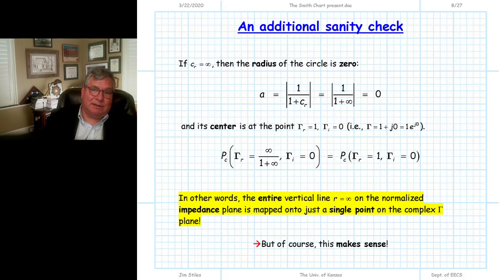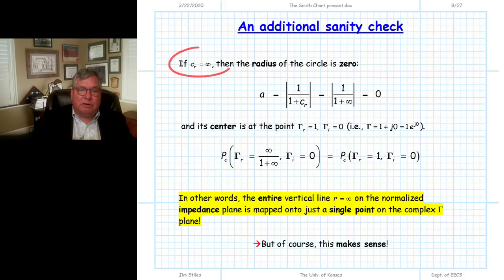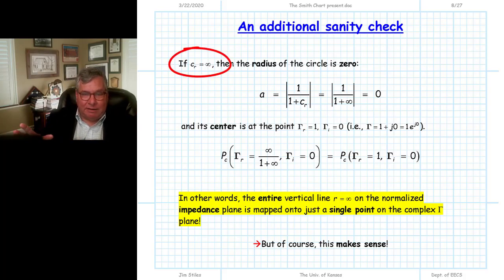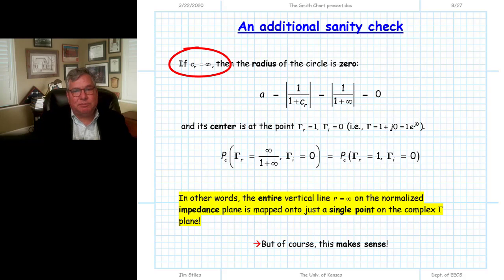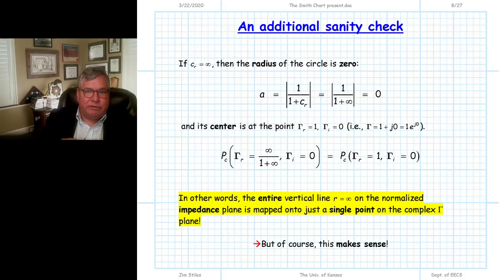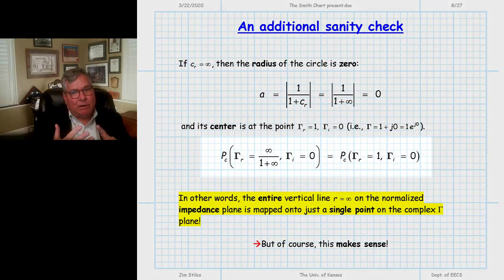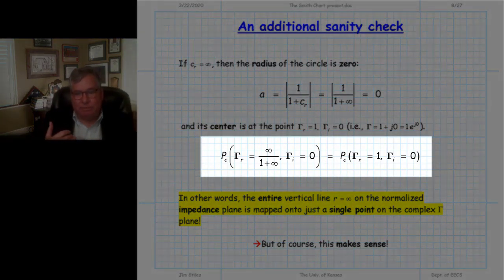Where is this point? Well, it's at the center of that circle, and that is predicted by our parametric expression as well. For this particular case, where r is equal to infinity on the normalized impedance plane, it maps to a circle of radius 0 at a point where gamma has a real part of 1 and an imaginary part of 0.